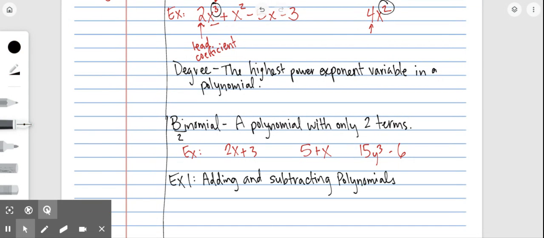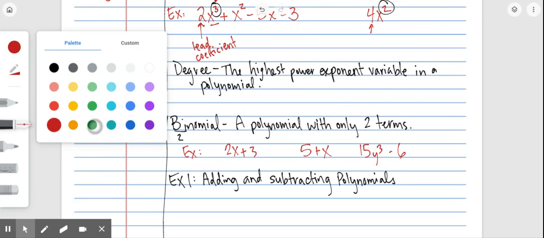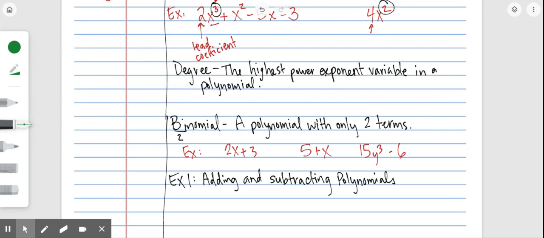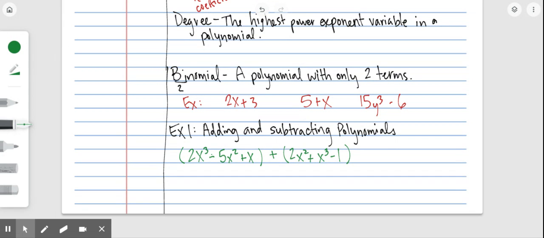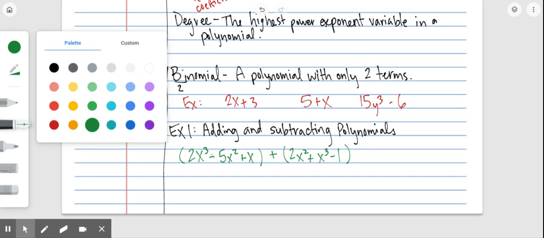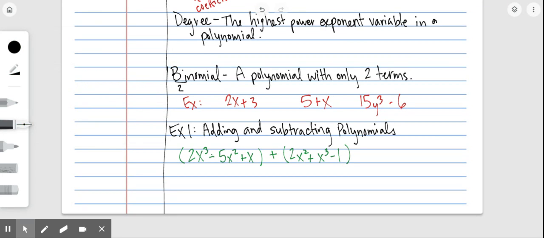All right, so we'll begin this exploration of operations with polynomials with addition and subtraction. So our first example, let's try green, why not? When you add or subtract polynomials, basically all you're doing is combining like terms. Like terms are terms that have the same variable with an exponent.